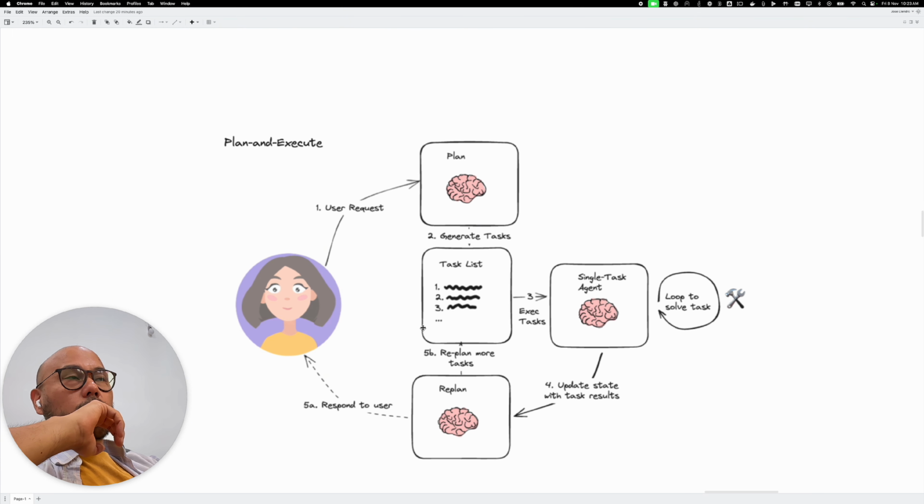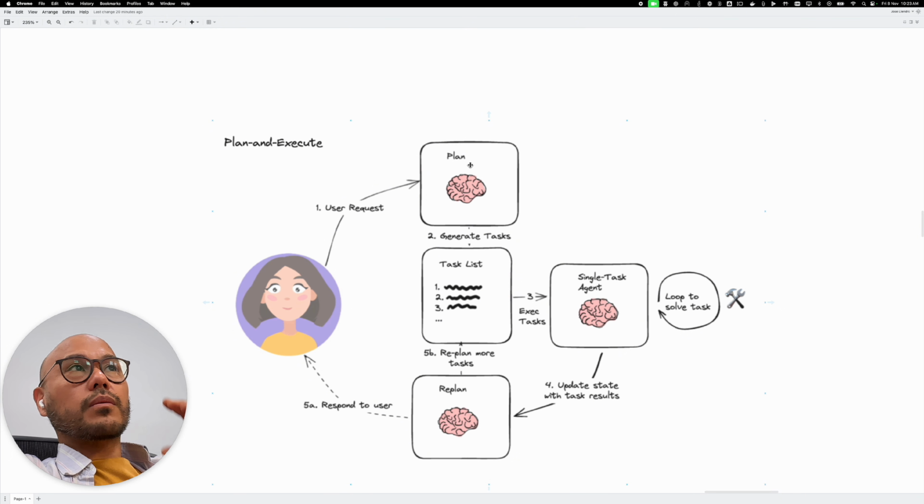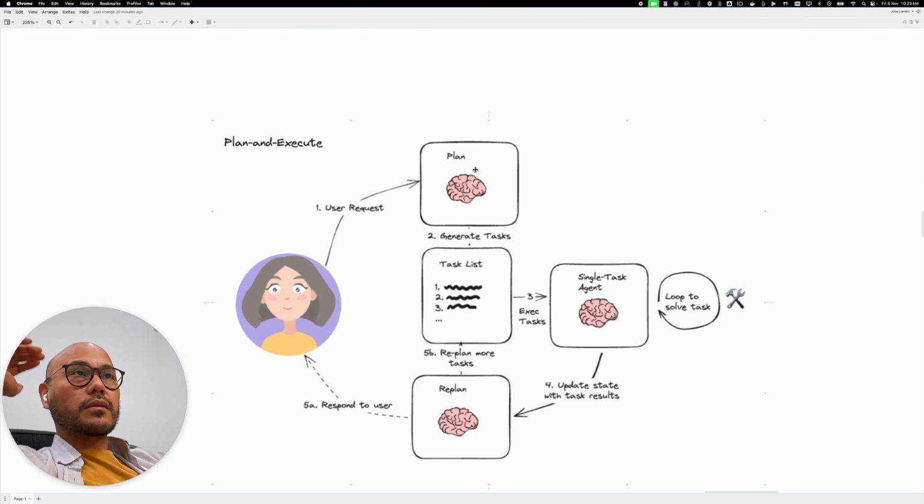In this case, we have a plan and execute pattern, and what we have is this sequence. The system will create a plan. We are asking for a complex task to do, so the first step is to create a list of tasks to be done in order to create the response.